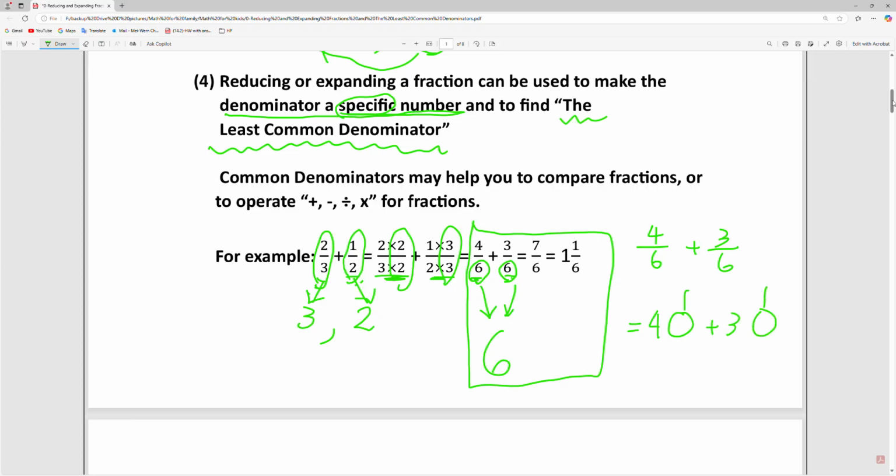This is 1/6, this is 1/6, so you can combine like terms. So you have 7 apples. So it is 7/6.